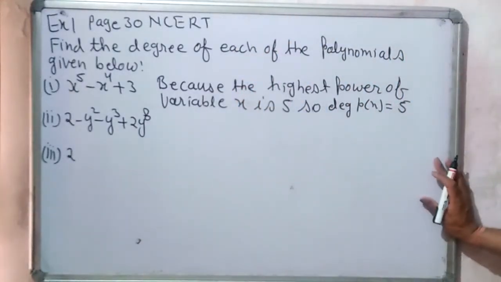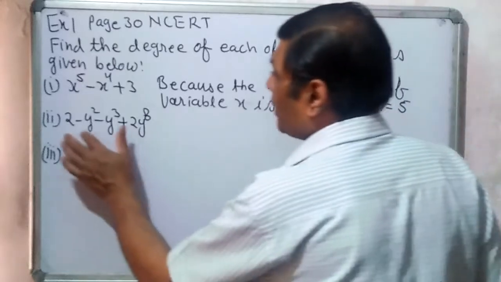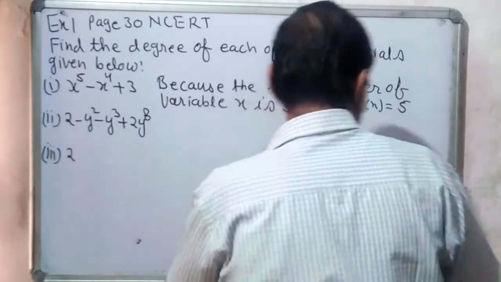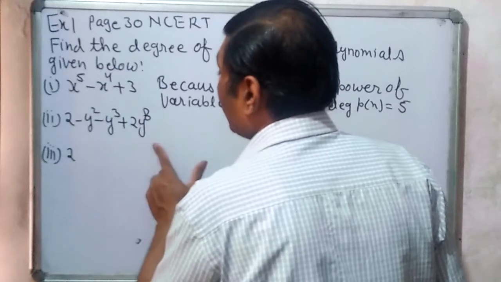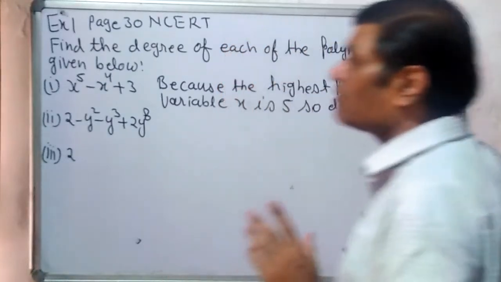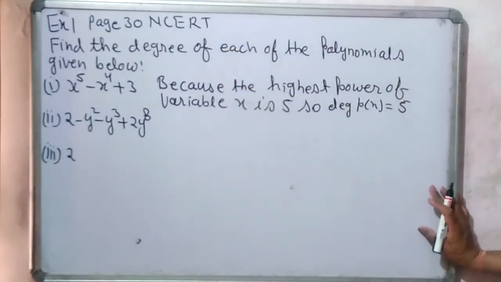In the second part, the variable is not x, it is y. No problem. How many terms? 4 terms. The first term, independent of y, has the power of y as 0. The second term is y square having power 2. The third term has power 3. And the fourth term has power 8. Right?